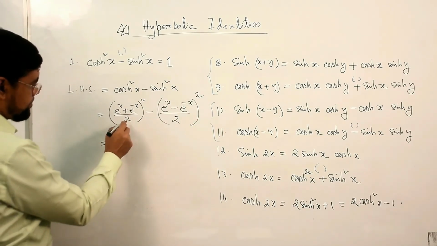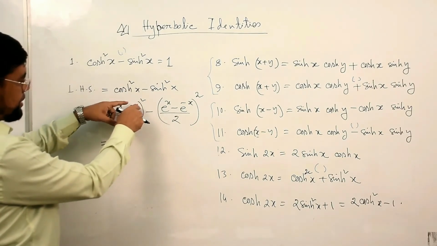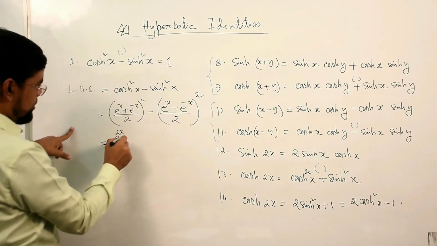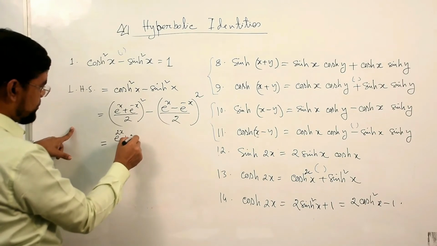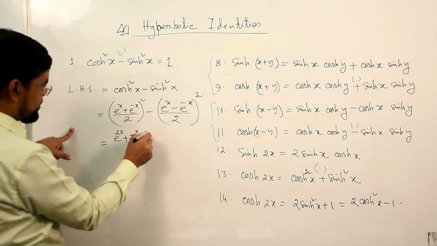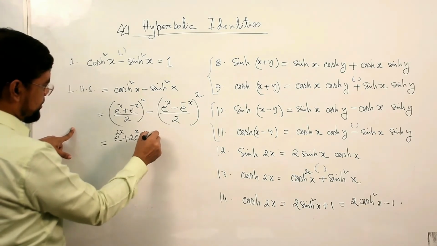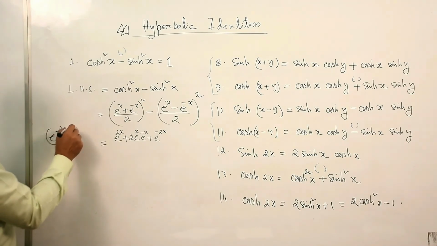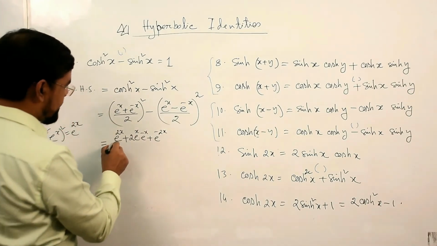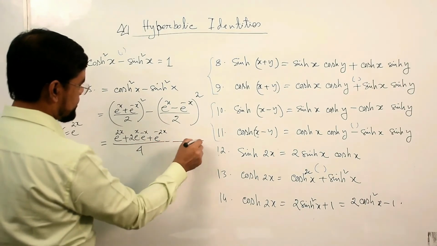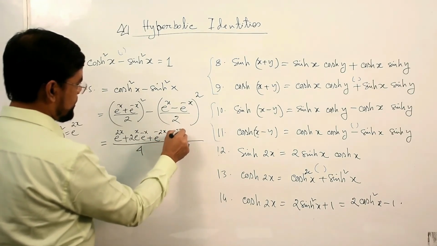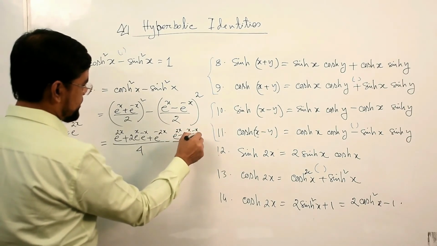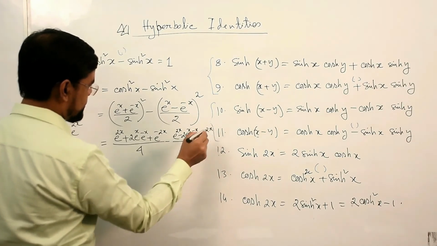If you square e to the power x plus e to the power minus x, it will be e to the power 2x plus 2 e to the power x times e to the power minus x plus e to the power minus 2x, because e to the power x whole square equals e to the power 2x, divided by 4, minus e to the power 2x minus 2 e to the power x e to the power minus x plus e to the power minus 2x, over 4.